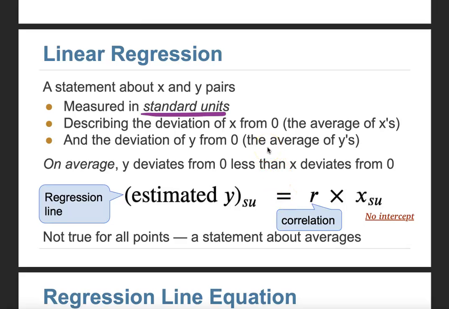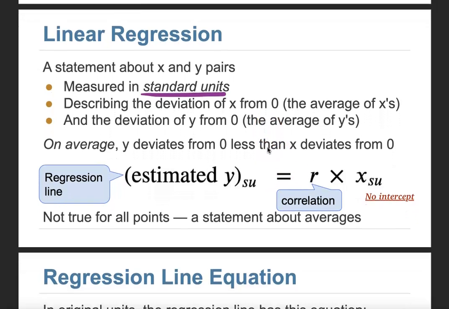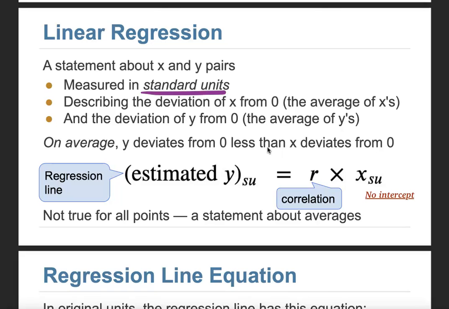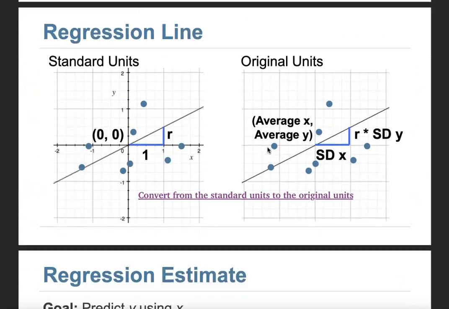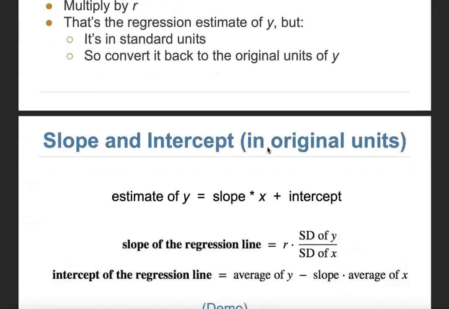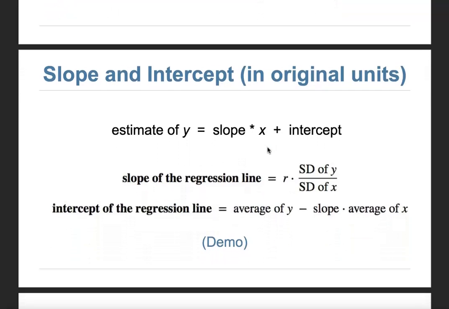At the end of the last video, we talked about what happens if the x and y attributes are in the original units. We can still find our regression line, but now we will have a slope and an intercept. So we get the result y equals mx plus b.